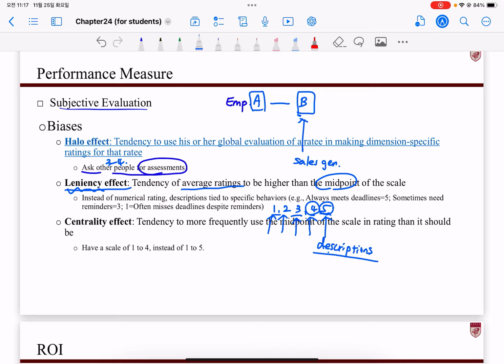So descriptions would be about facts, like 5 being always meeting the deadline, 3 being sometimes you have to give a reminder to that person, 1 being often misses the deadline, even if you provide frequent reminders, right? So this factual-based description can allow the evaluator to be less lenient and to be more objective.